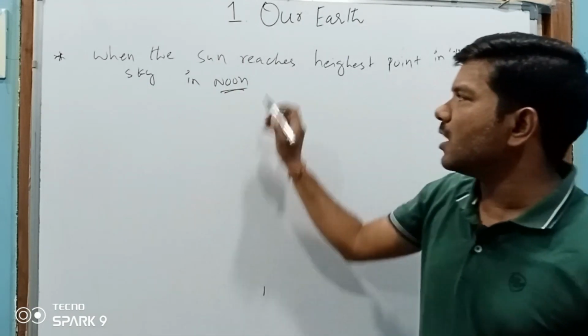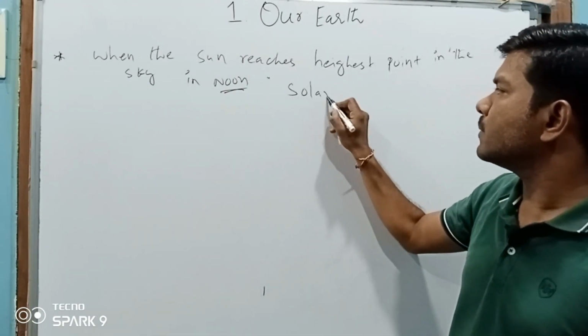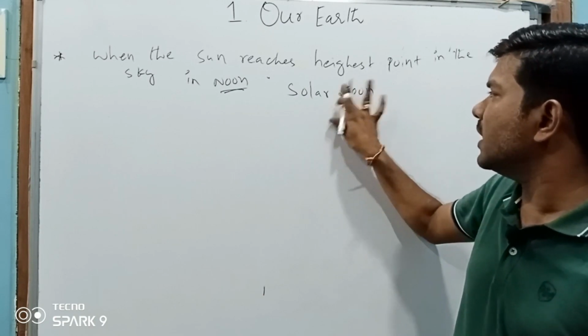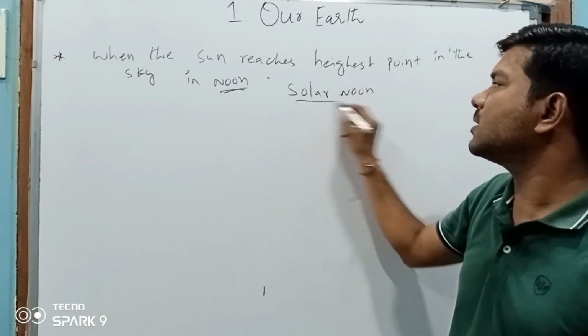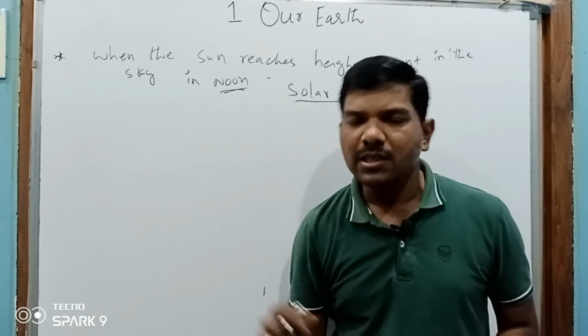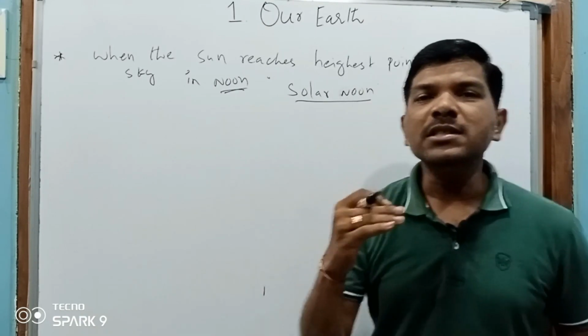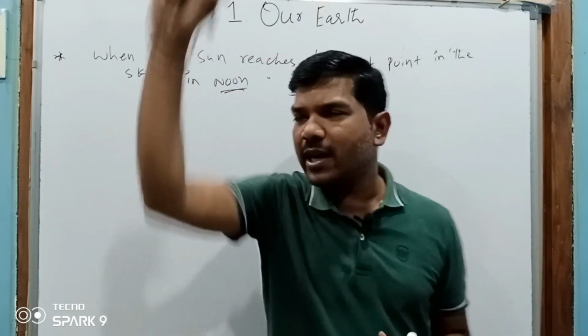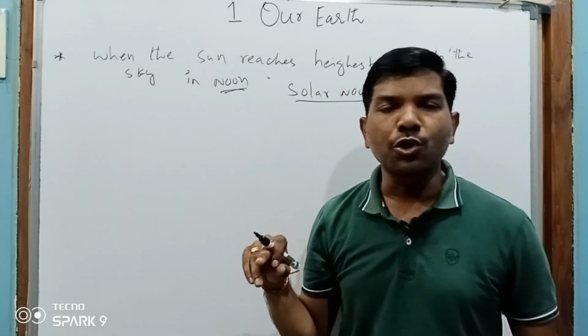This is called solar noon. It is not mentioned in our textbook, but you can gain the knowledge. It's also very important. When the sun is directly overhead, it is called solar noon.